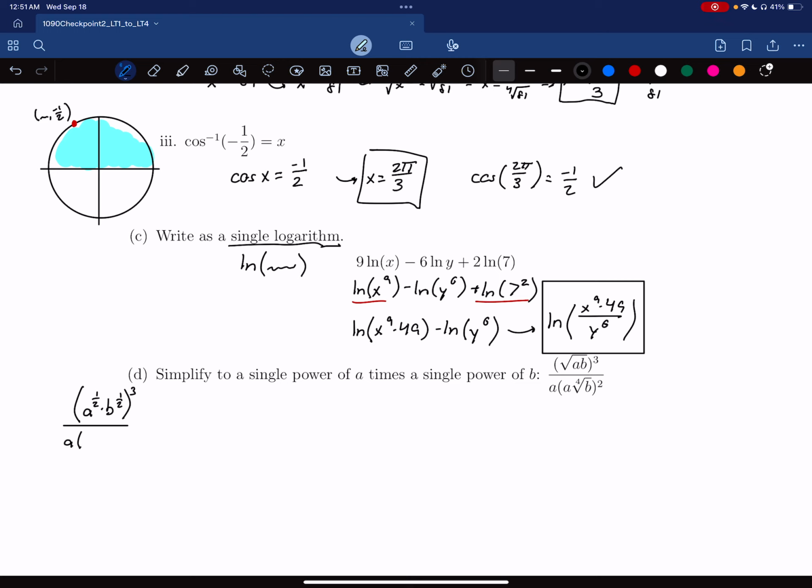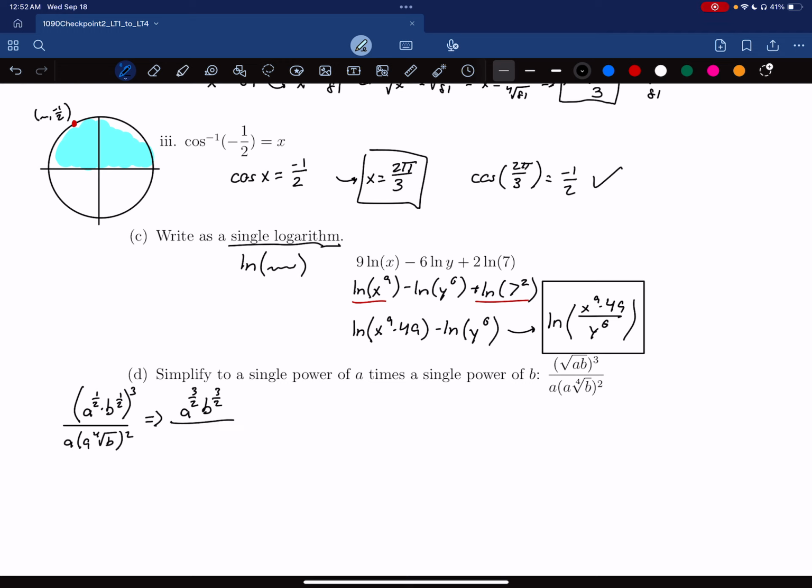So a times the 4th root of b squared. All right. Now, using the exponent rule that we used earlier, we can rewrite this numerator as a to the 3/2 power times b to the 3/2 power.